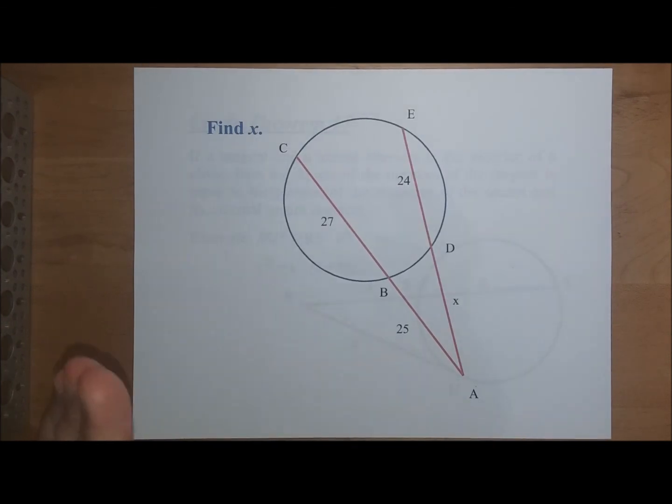Perhaps you want to pause the video here and try this one on your own. This one is slightly different, but same idea. We've got two secants intersecting in the exterior of the circle at point A. So could we figure out x based on that?